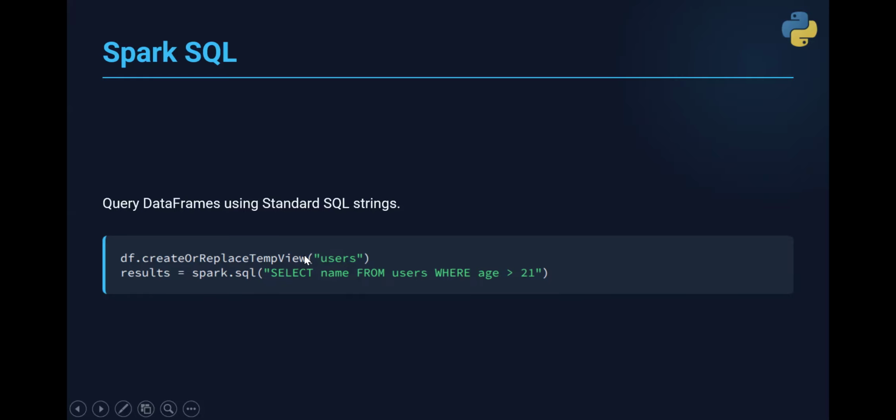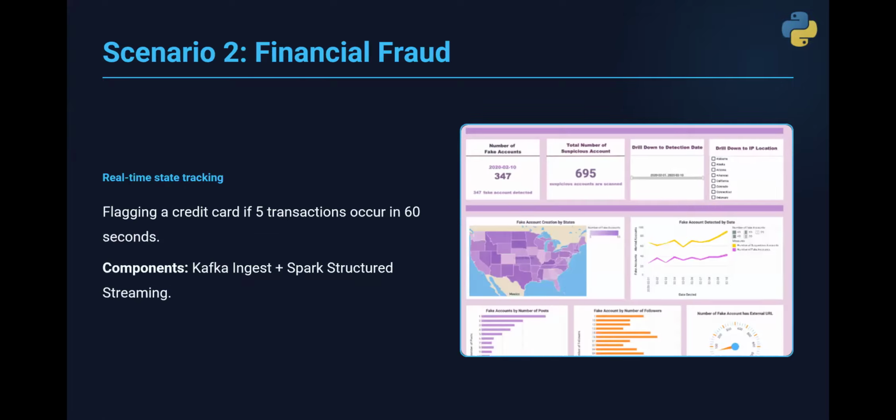This is going to run a select statement on this data frame, and it will return the output into this results data frame. So the query you are running, you are directly running on a data frame only, which is converted into a temporary view. I hope all of you know what a view is. A view is just like a stored query.